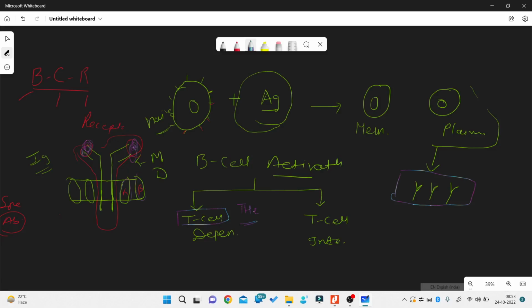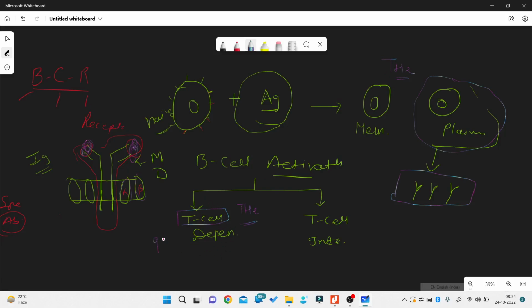So we need T helper cells for the differentiation of your naive activated B cells to plasma cells. If we want this cell, then we need Th2. And that's why B cell always depends on T. So that kind of mechanism is called the T cell dependent.